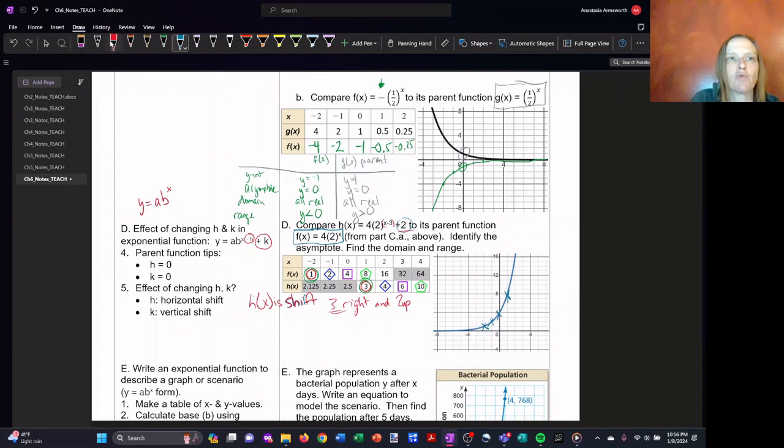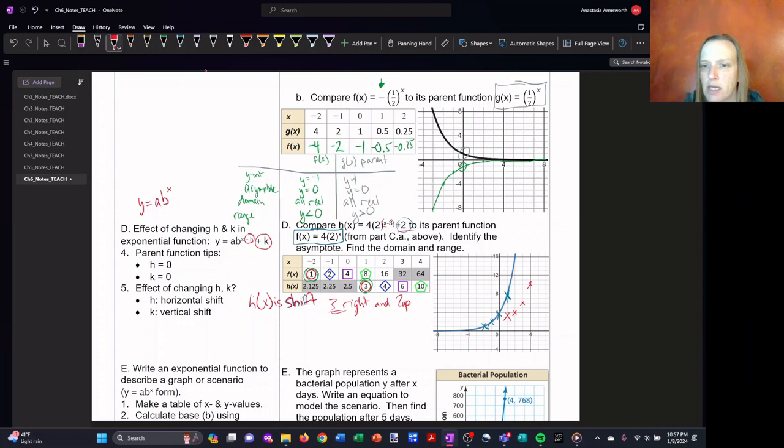And now I'm going to draw this h of x graph where I'm going to have points at 1, 3, 2, 4, 3, 6, and 4, 10.